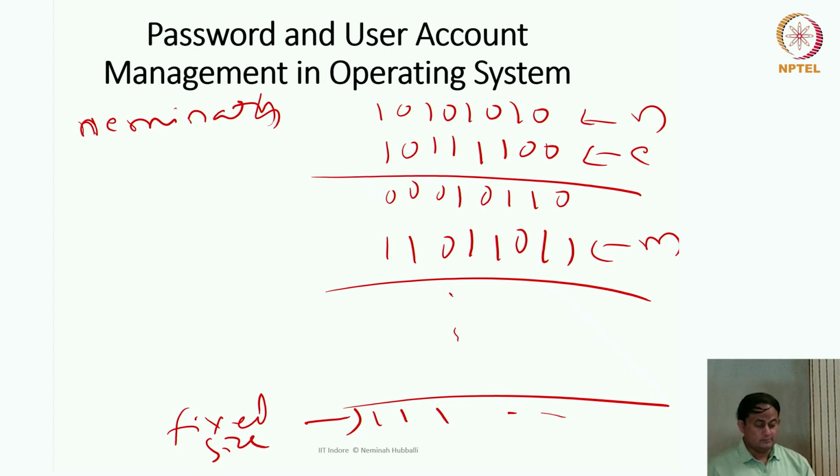So this is the simplest form of the operation that you can think of, to take all the characters within the password and XOR them and store it. So this is a fixed size output. Although this is not a good hash function, just to give an idea of what exactly goes inside a hash function, I took this.